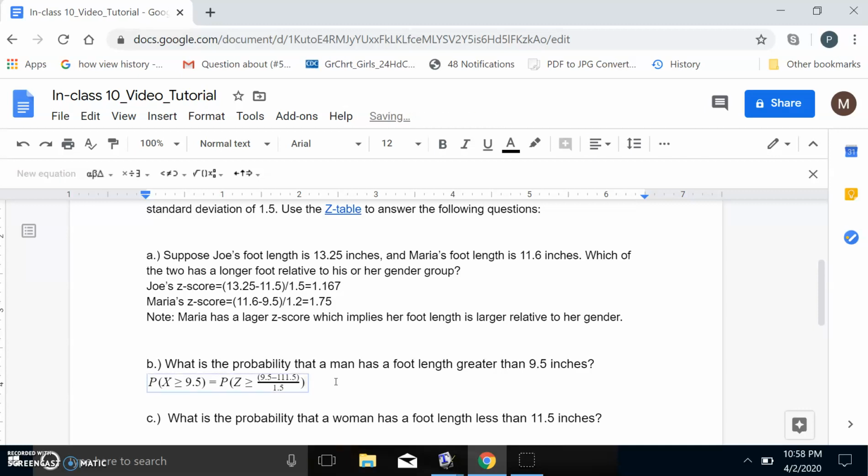Working this out, the probability that z is greater than or equal to negative 1.33. And I claim this will equal 1 minus the probability z is less than or equal to negative 1.33, and I'll explain how I got that.